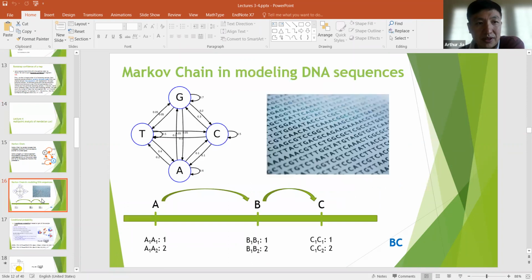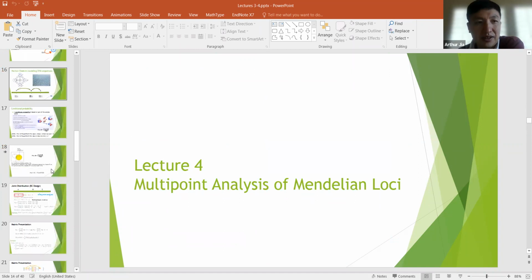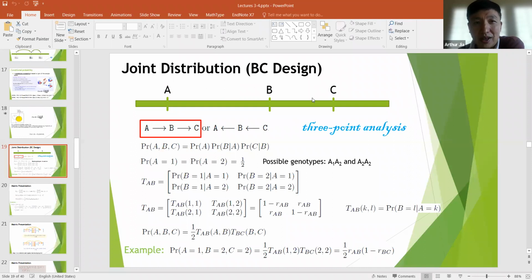And chapter 4 is the multi-loci analysis, the multi-point analysis of the Mendelian loci. I think the major point for this chapter is to know how to use this.